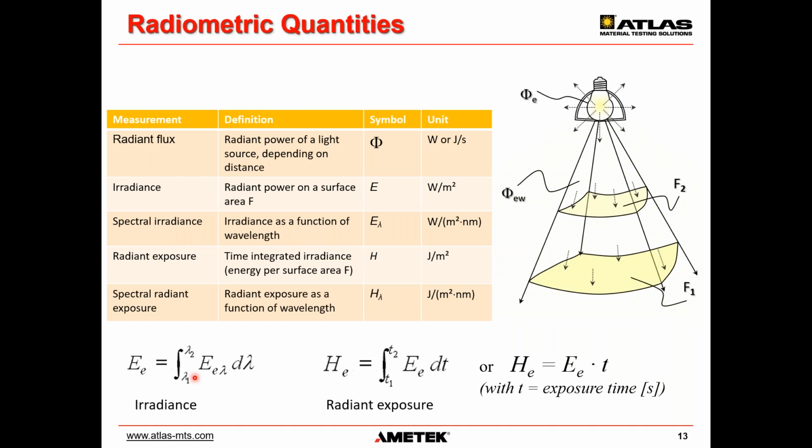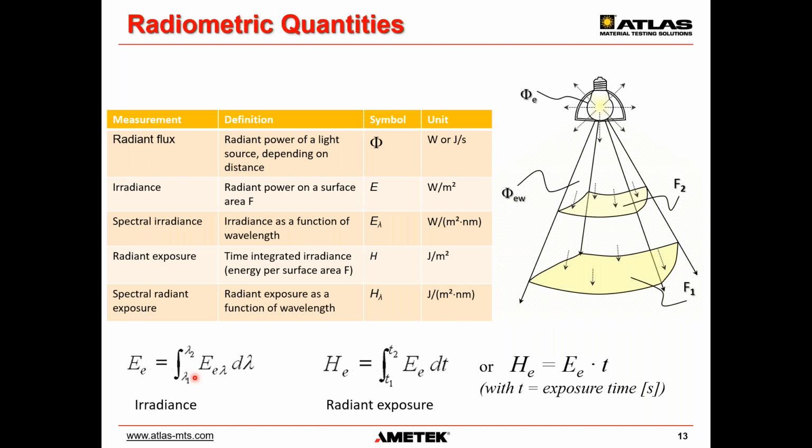The unit here is watts per square meter, and the symbol for irradiance we typically use is E. So energy flux on a surface, intensity on a surface, that's the irradiance. And we can look either at the full irradiance or at a specific wavelength, 340 nanometers, 420 nanometers, as the spectral irradiance, the intensity on a surface at a specific wavelength.